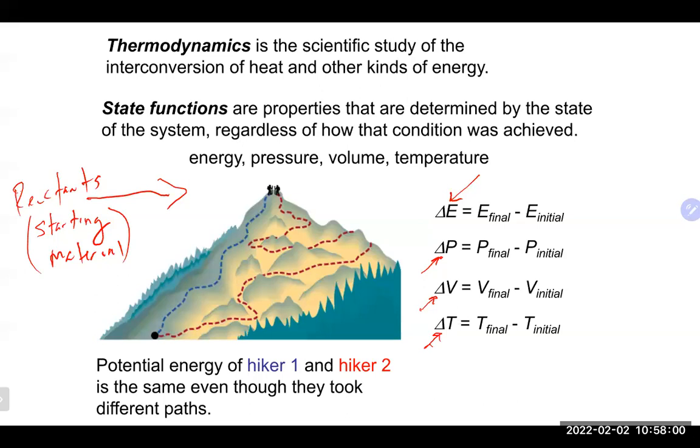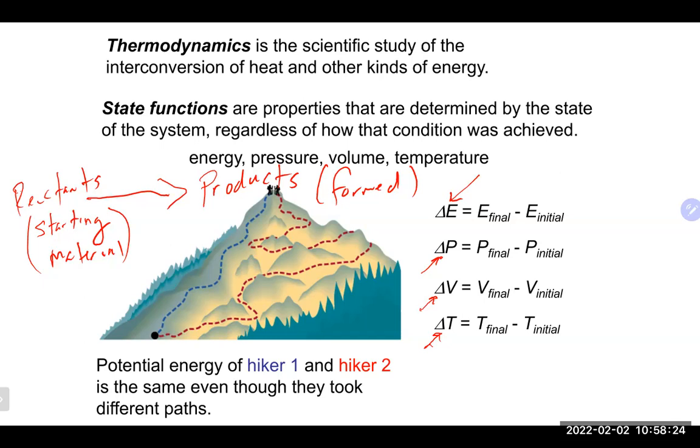On the right-hand side are what are known as our products, and those are what are formed as a result of a chemical reaction. If you think about a reaction, that's also like final and initial. Initial would be our reactants, final would be our products.